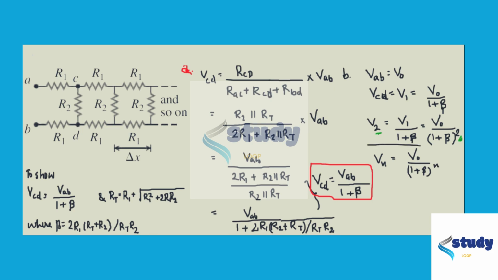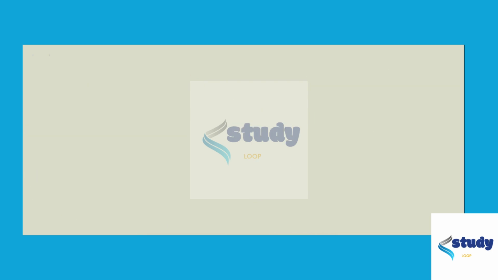So this is shown, which is also asked in part B of the question. Now it says that if R1 equals R2, how many segments are needed to decrease the potential difference Vn to less than 1% of V naught?